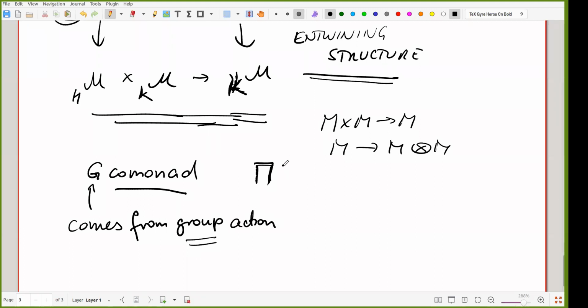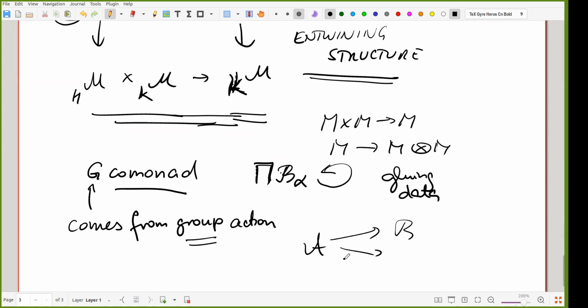And another one is that I have, say, a product of those categories B alpha, and on this product, the gluing data which are given by those functors. You remember, I have A into B alpha.